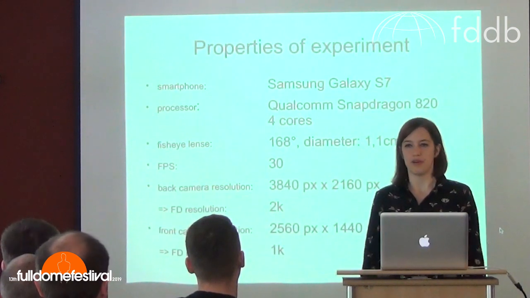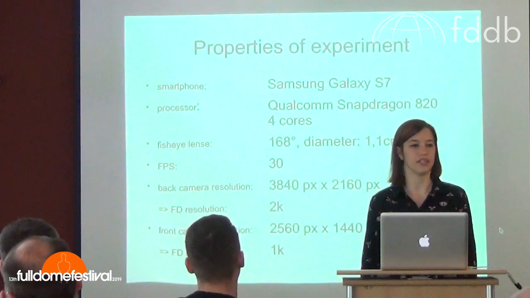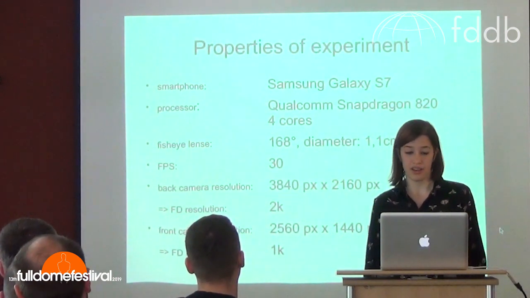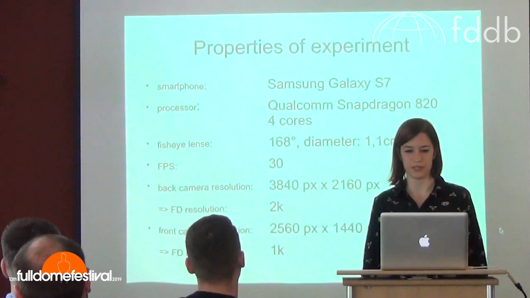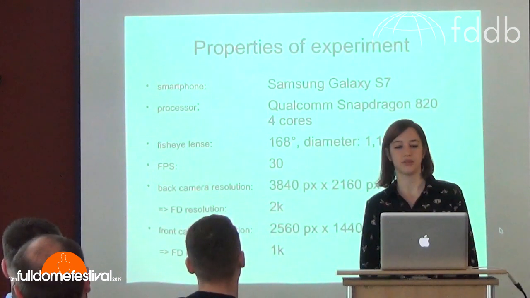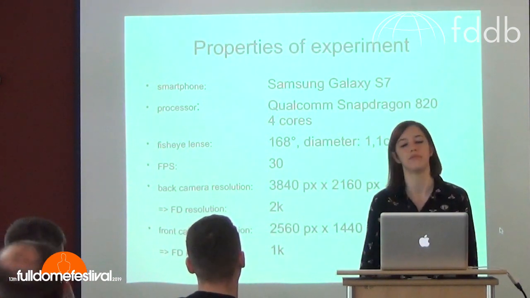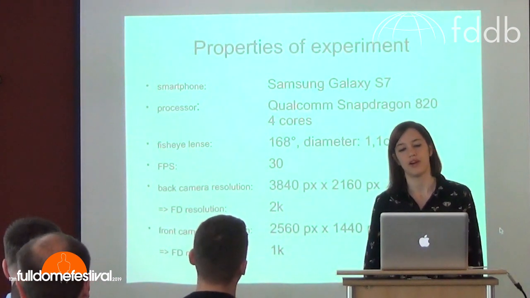So, what are the properties of the first experiment, where Diego used a Samsung Galaxy S7 smartphone with a Qualcomm Snapdragon processor with 4 cores, and a fisheye lens of 168 degrees, 1.1 centimeters in diameter.